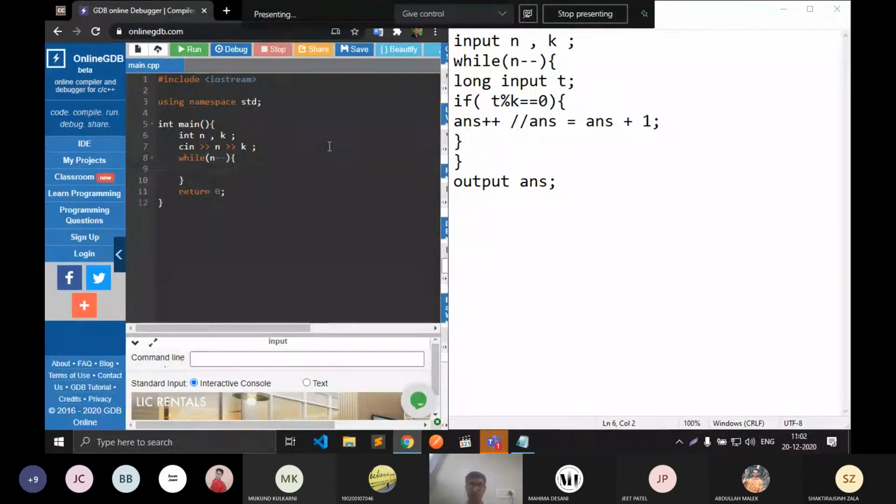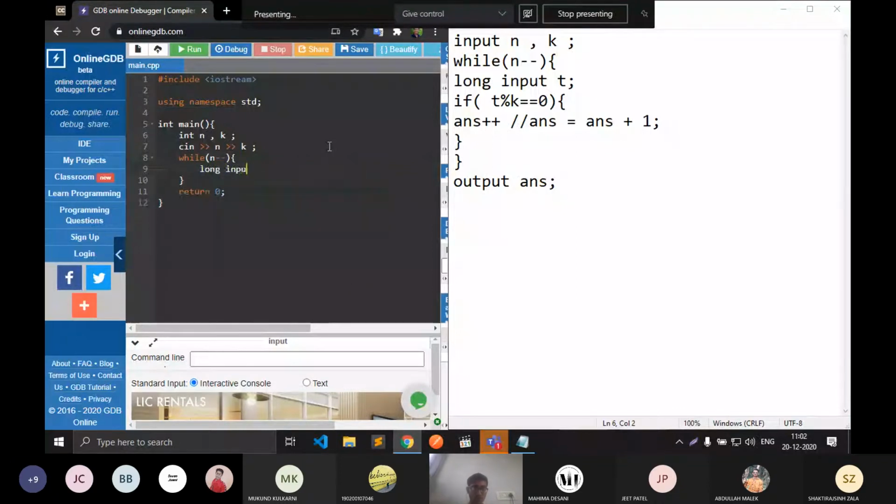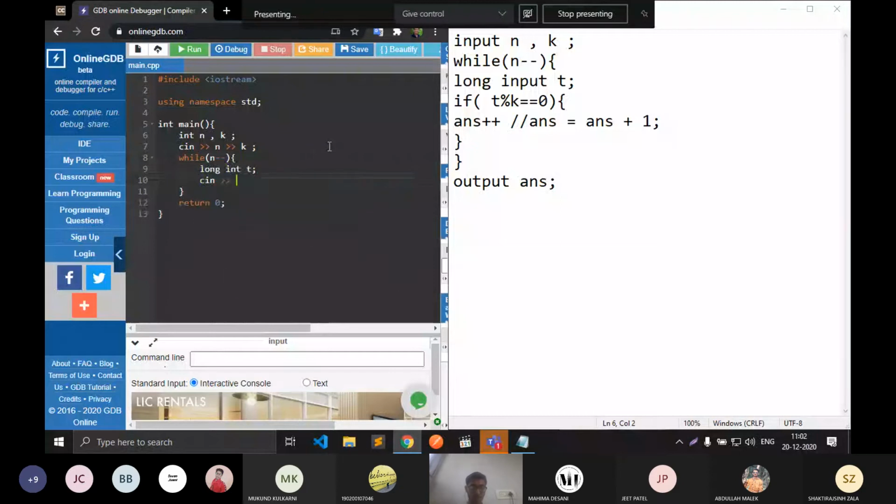This is the while loop for n. I have to input t, a long integer. Next I have to input t, so cin t.